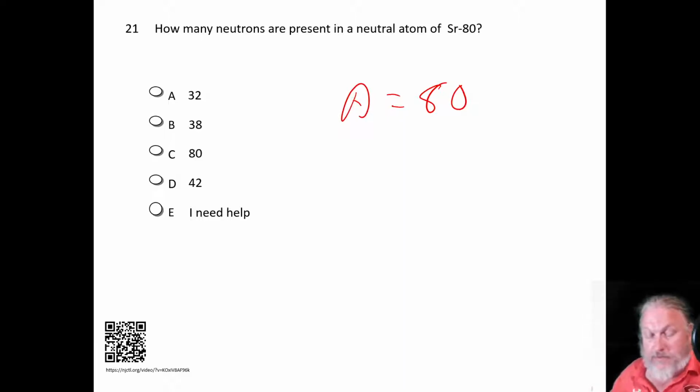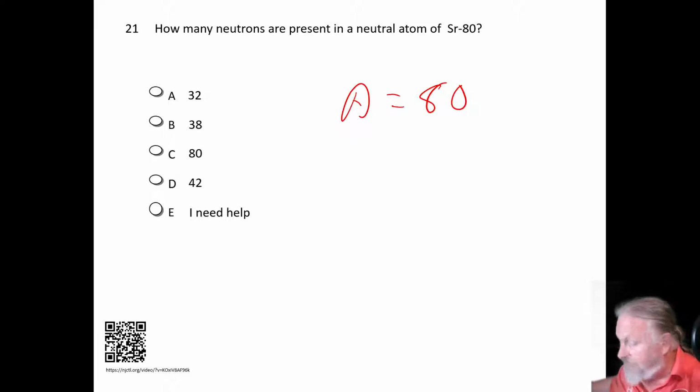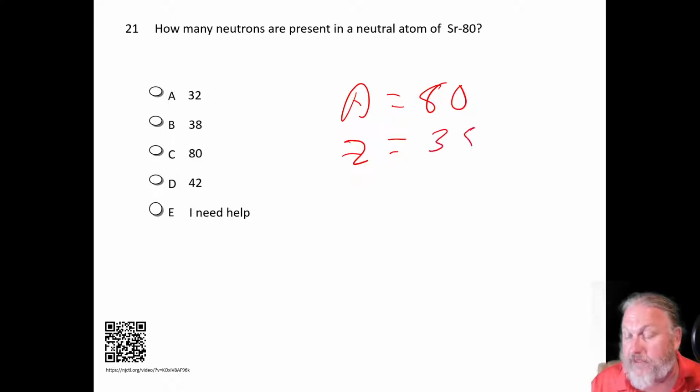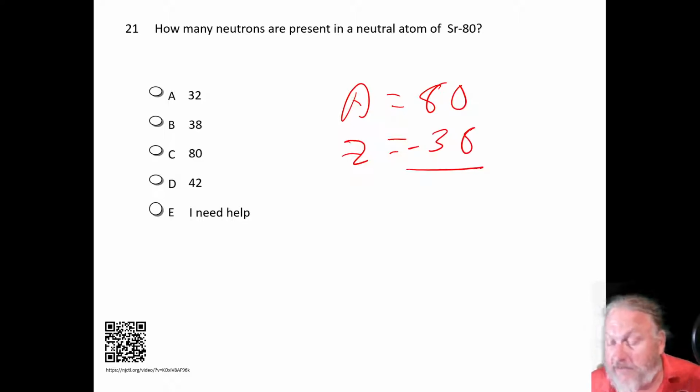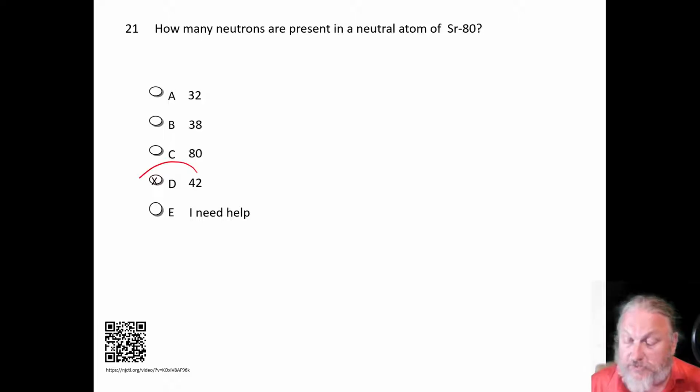The atomic number for strontium is 38. So that's going to be the Z number. If I subtract the Z number from the A number, that of course is going to give me 42, which would be the N number, or the number of neutrons.